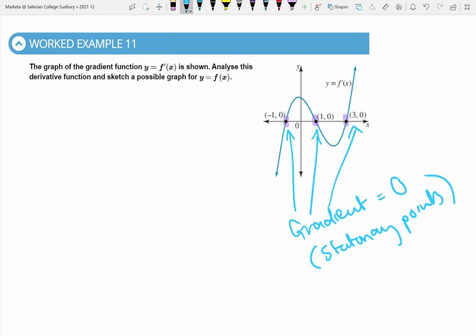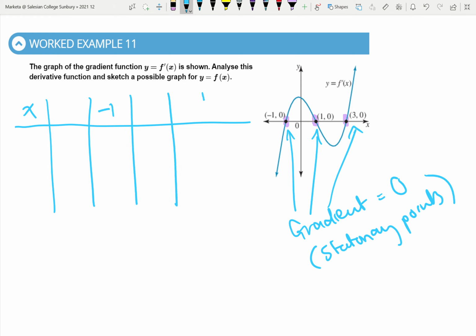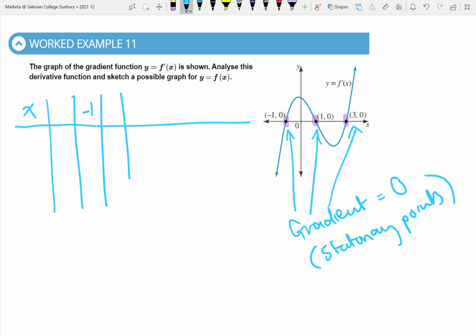So you might like to draw a little table. You don't have to, but it's quite a neat way of analysing the graph. So we have our x values here, and at -1, 1, 3.